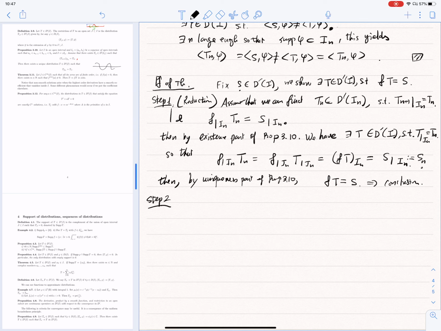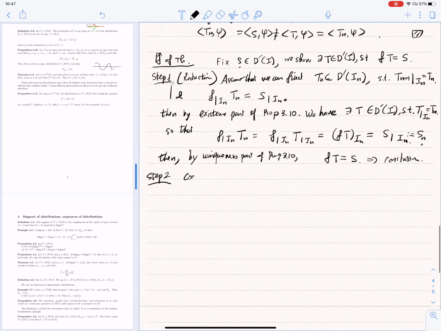So in step 2, we're going to try to set up the problem. So the first thing we're going to do is to consider [alpha, beta], a compact set inside this interval I. Now we have a compact set, and if we consider the zeros of the function f inside the compact set, it is compact, right?